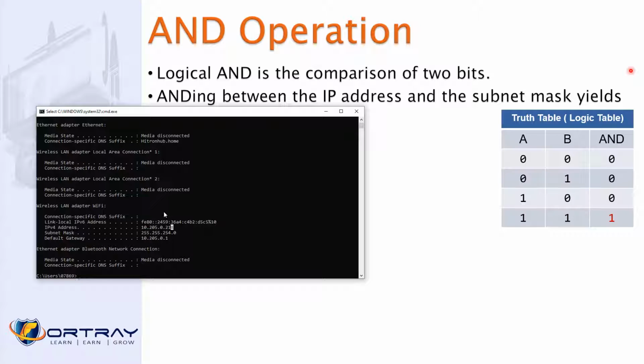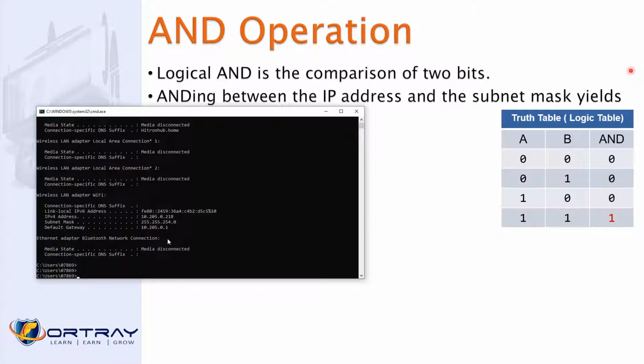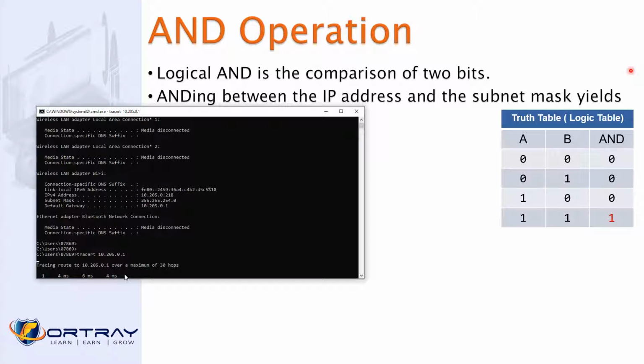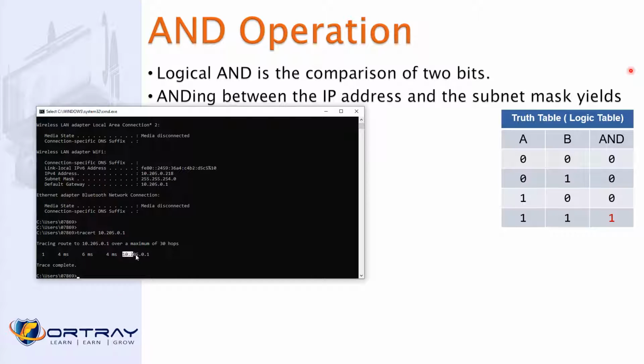For example, my IP address is 10.250.218 and my gateway is 10.250.1. Now look at the difference. When I trace route to 10.250.1, what happened? Finished after one hop.